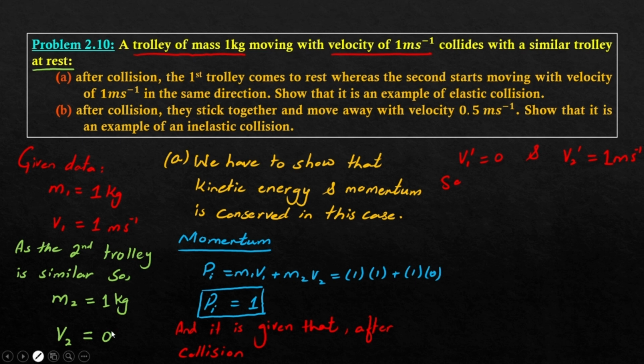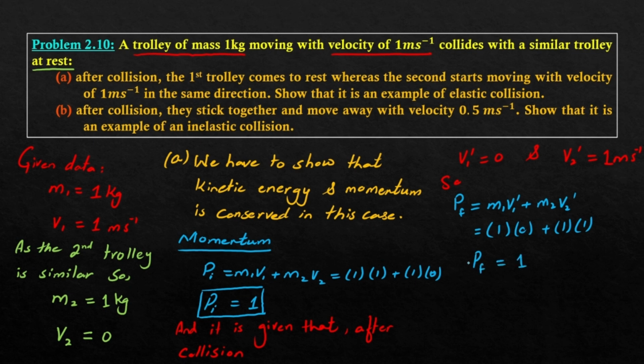So Pf equals m1 v1 prime plus m2 v2 prime. By putting the values in this formula, we get Pf equals 1. Here the initial and final momentum are the same, so we say that the momentum is conserved.